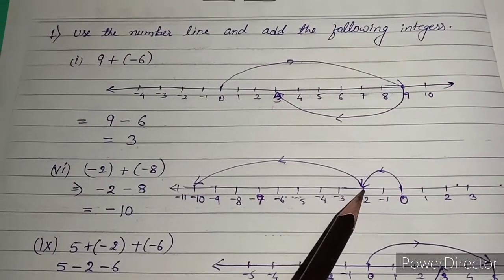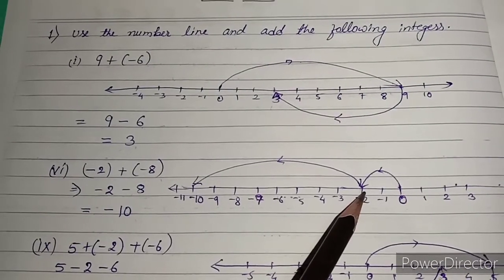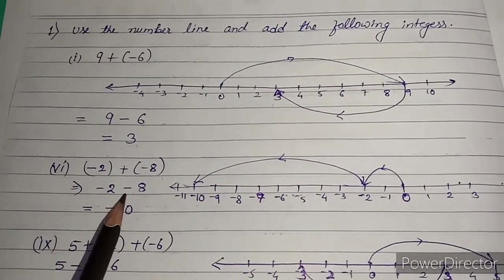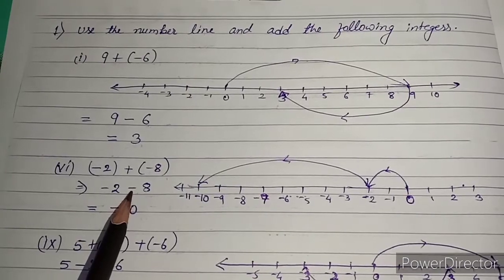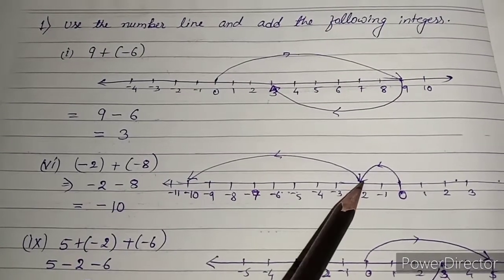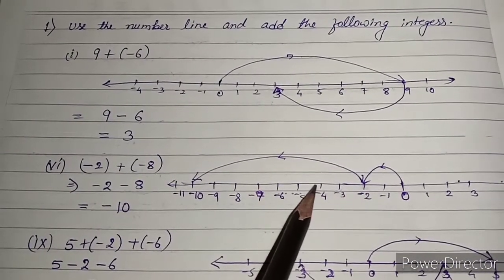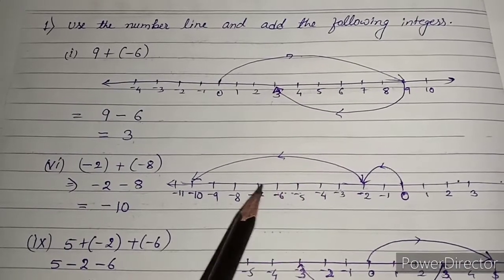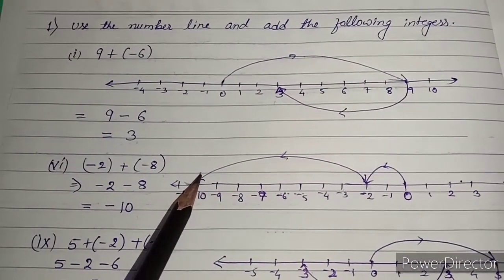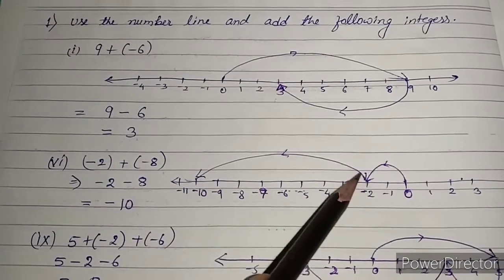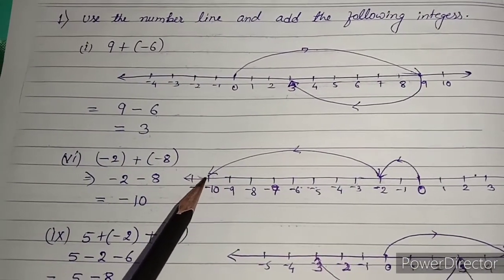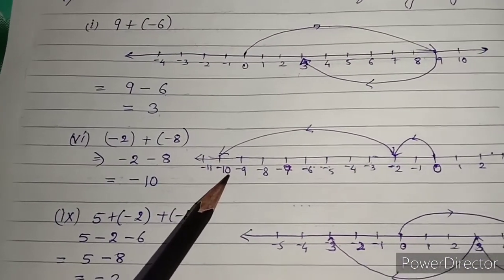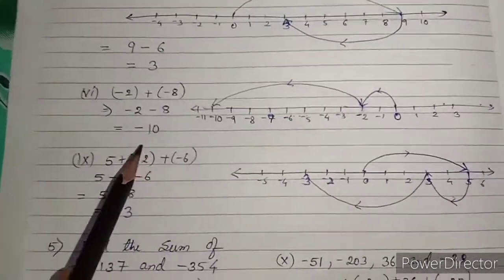Then how many places you have to move? 8 numbers. And because the minus sign is there in between, you have to move to the left direction. So in the left direction you should count 1, 2, 3, 4, 5, 6, 7, 8. So you will reach -10, and this is the answer here.